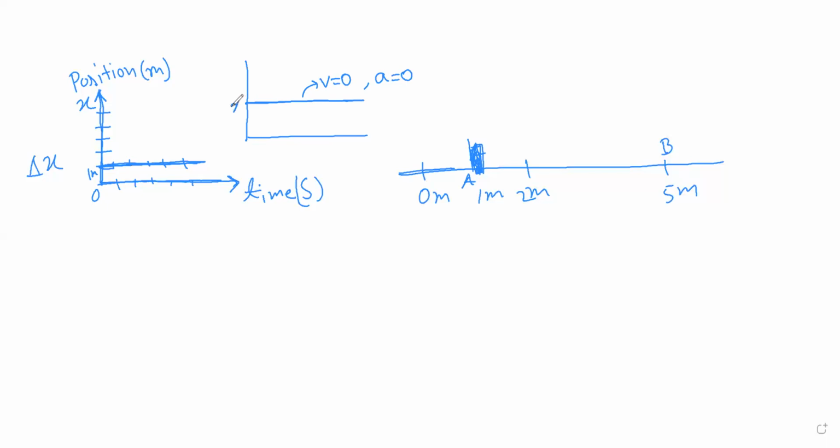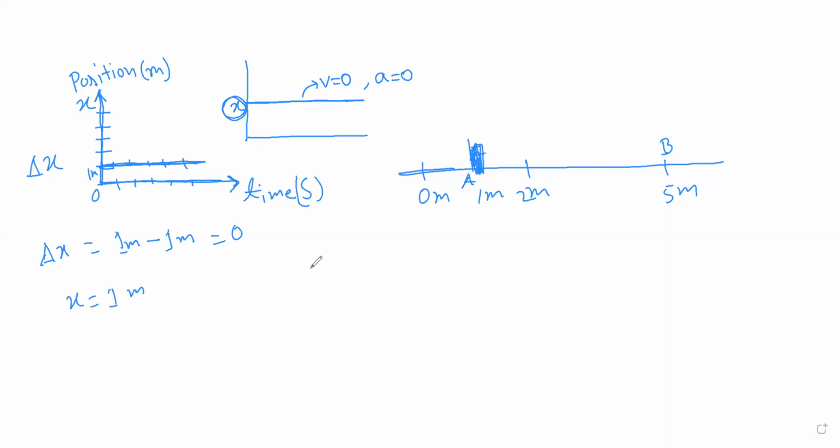And here you see one thing, our x is not 0, x is 1. Yes, the change in position is 0. Why? Because the initial position was 1 meter and the final position is 1 meter. That means the change in position is 0, but the position is not 0 here. Position is 1 meter. So try to understand this.